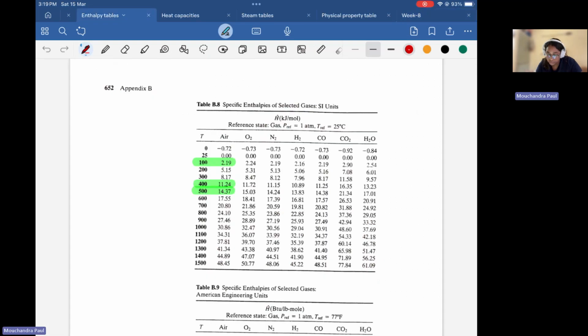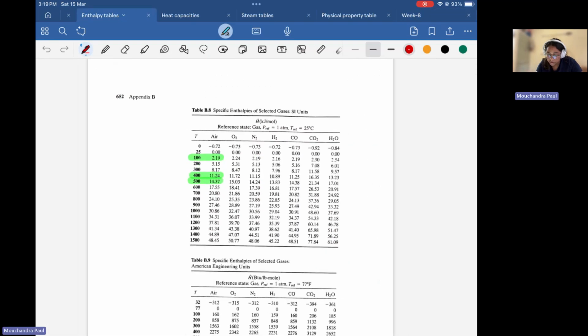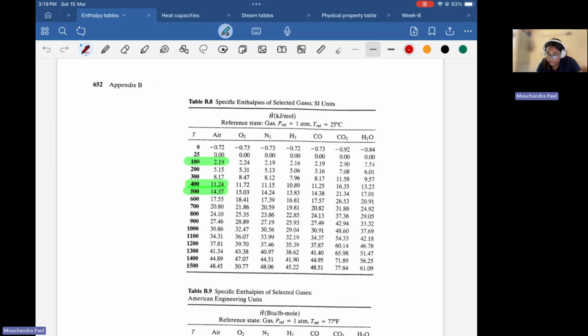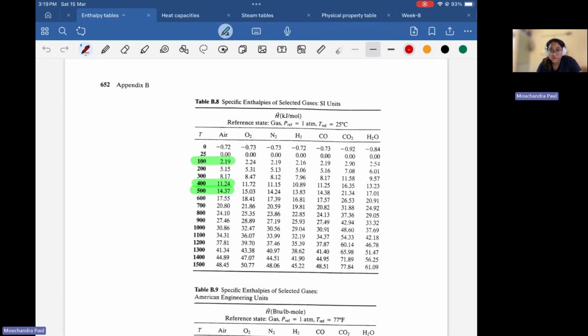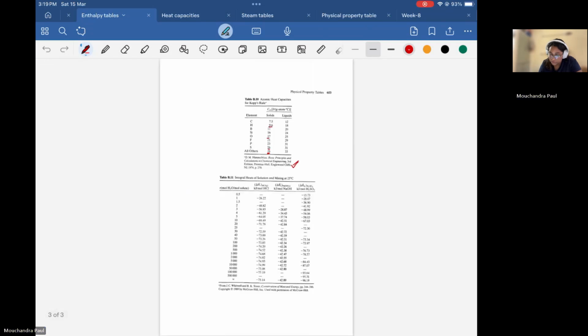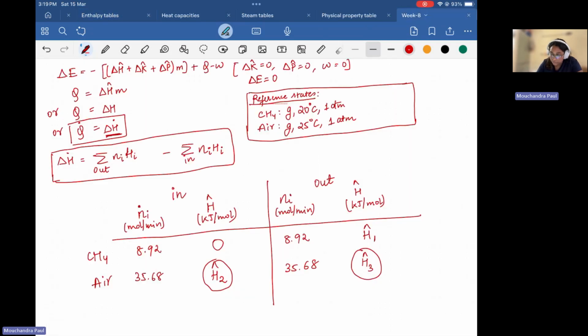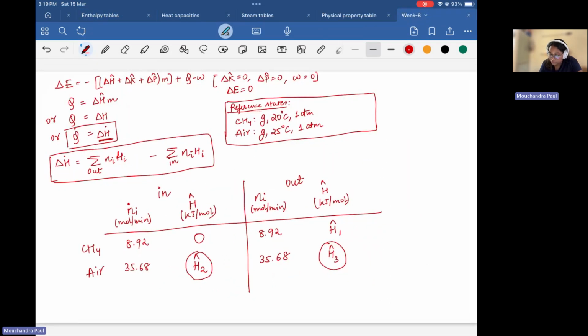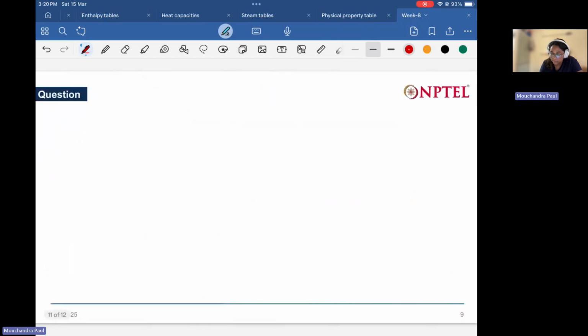If you go to table B8 in the book Elementary Principles of Chemical Processes, you can download the book or get it from the library.